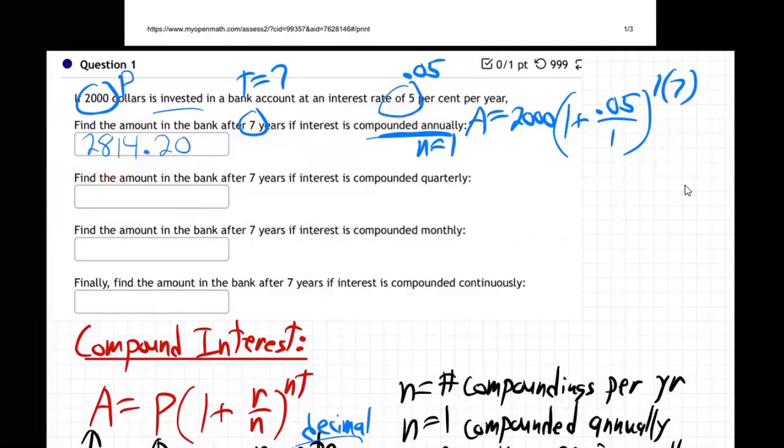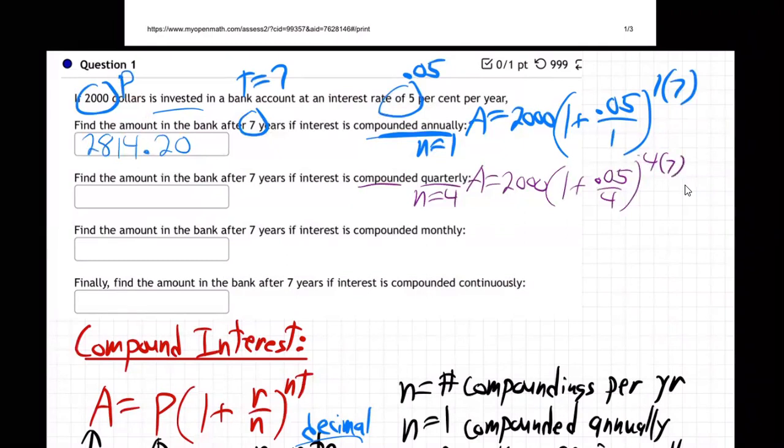And it grew by 5% per year, came up to $2,814.20. Now, the next question, they're going to say compounded quarterly. So that's 4 times a year, right? Everything else is pretty much the same. So $2,000 put in quarterly, at 5%, and this is n times t, so it's 4 times t, t is still 7 years.